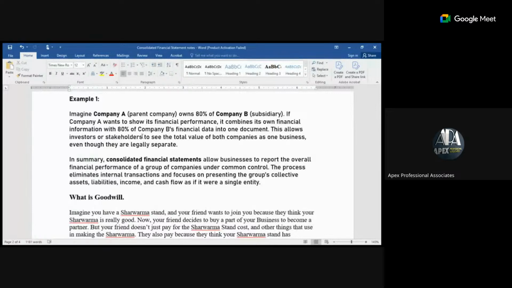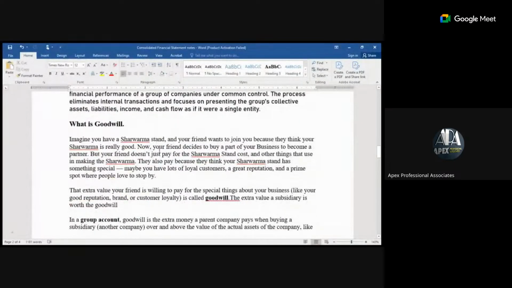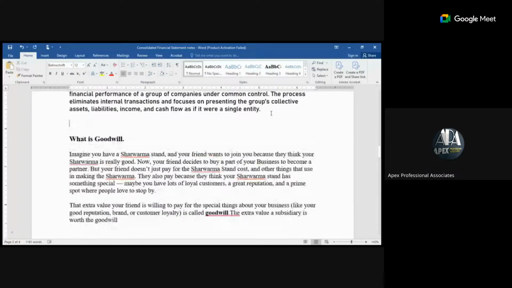Now, I always say that in consolidation, you have what we call the big five. What is the big five? Let me type. I always say the core things you must understand are the big five. No, I'm not talking about the big four, I'm talking about the big five.